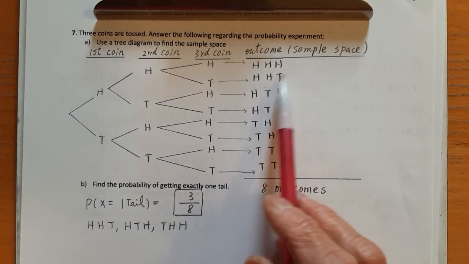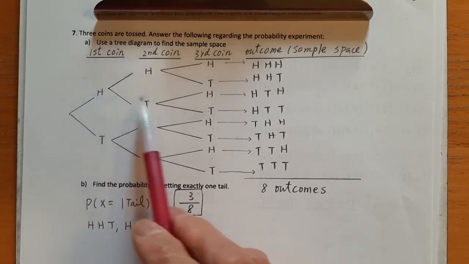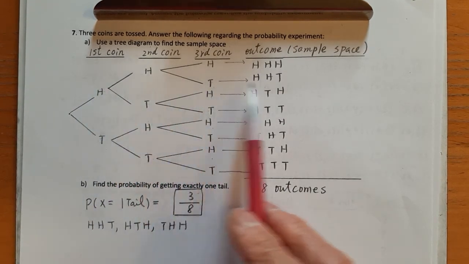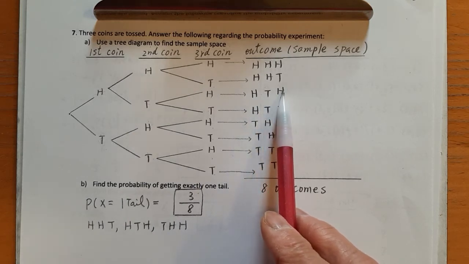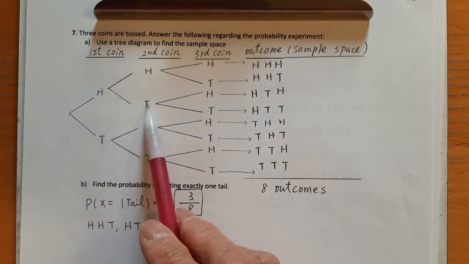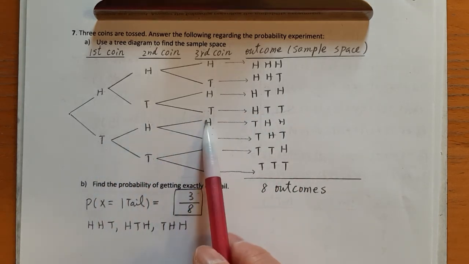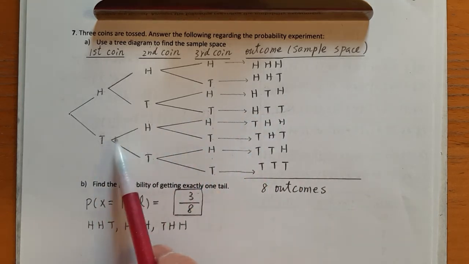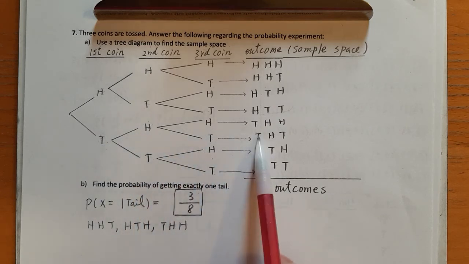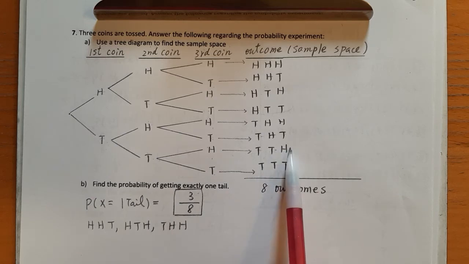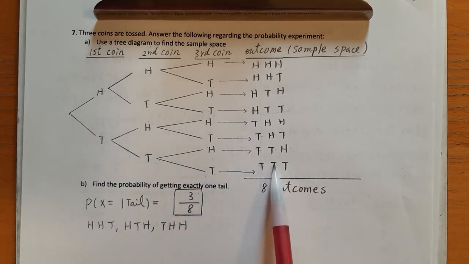That's the second outcome. Or head, tail, head. That's the third outcome. Or head, tail, tail. That's the fourth outcome. Or tail, head, head. Or tail, head, tail. Or tail, tail, head. Or tail, tail, tail.